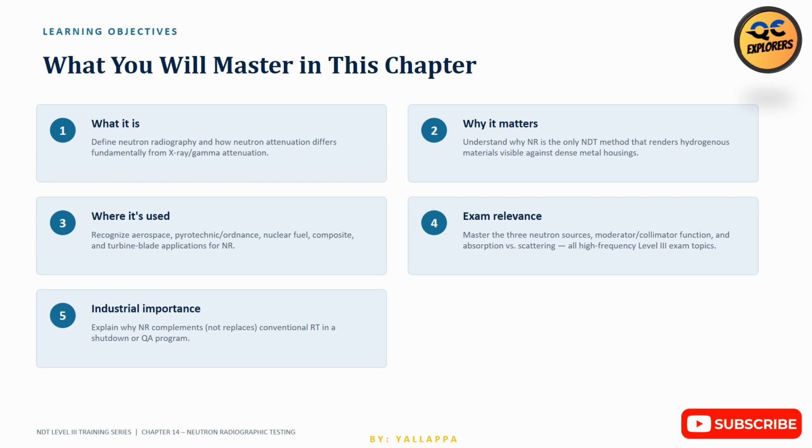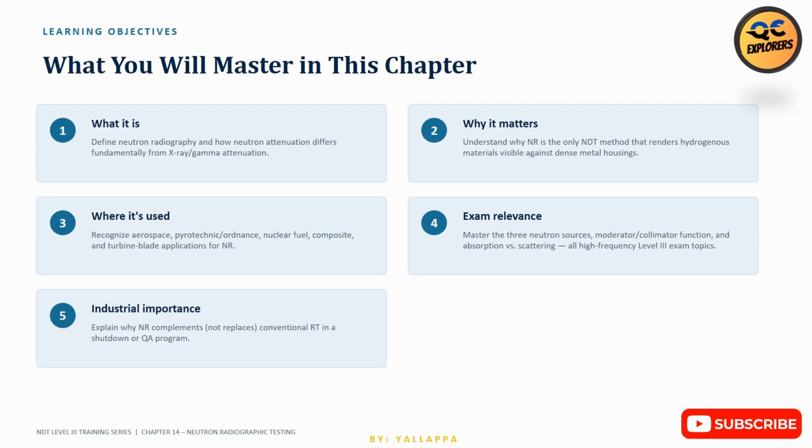Finally, we'll discuss the industrial role of neutron radiography. It's important to understand that NR is not a replacement for conventional radiography. Instead, it complements X-ray and gamma ray inspection by providing information that photon-based radiography cannot reveal.